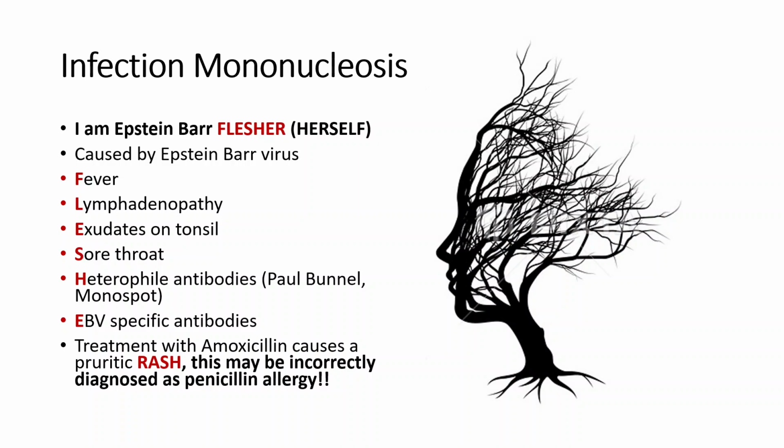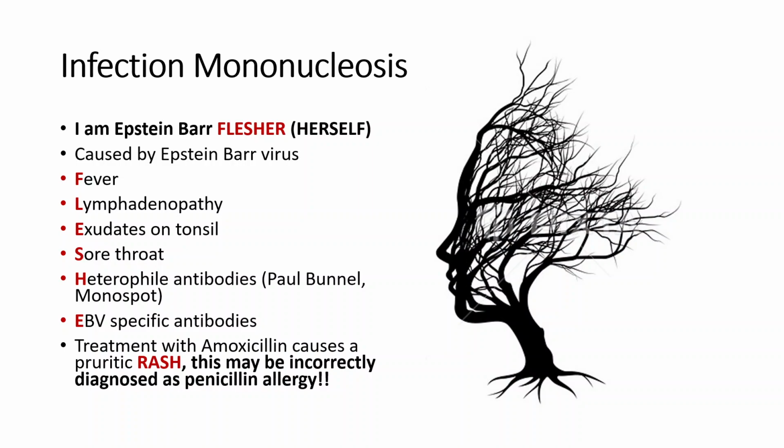Fleischer helps to arrange this in a very good way, from symptoms to lab investigation and complication. Fever, lymphadenopathy, exudate, sore throat, heterophile antibodies, Paul-Bunnell, monospot, Epstein-Barr virus specific antibodies.